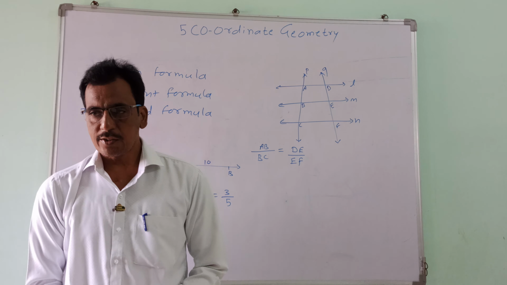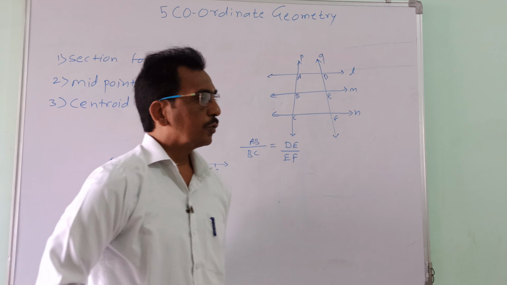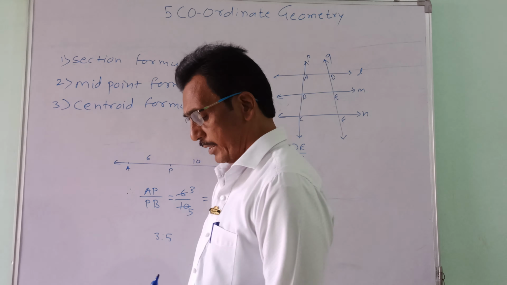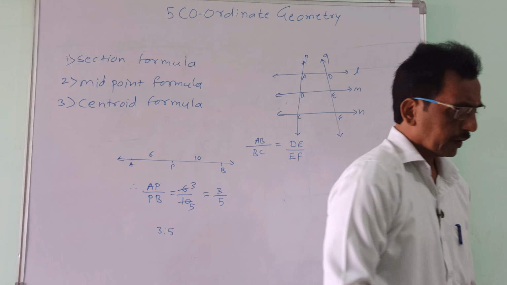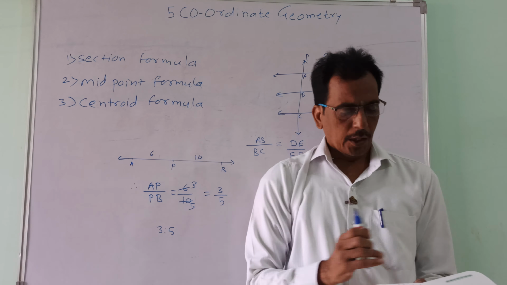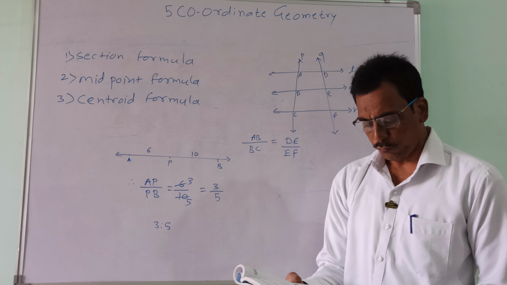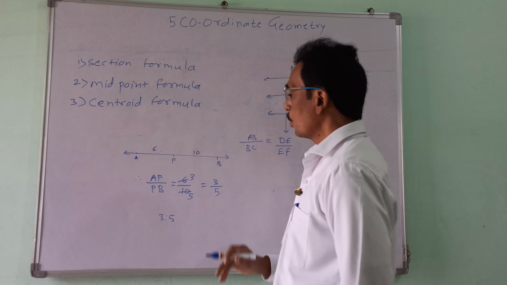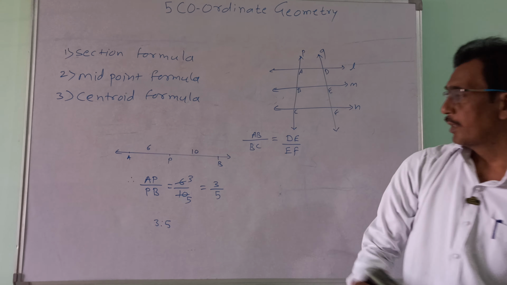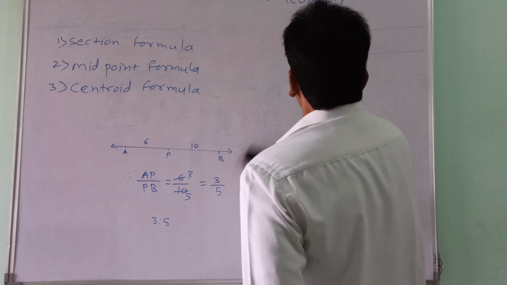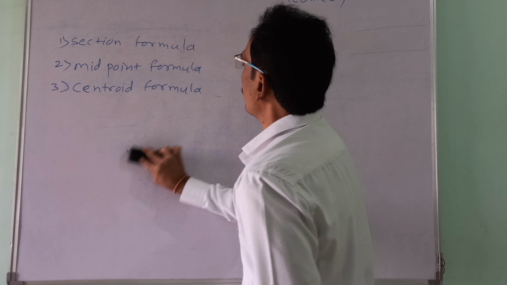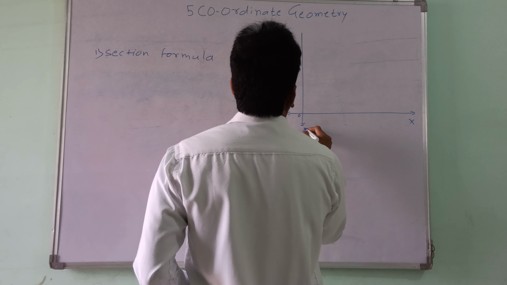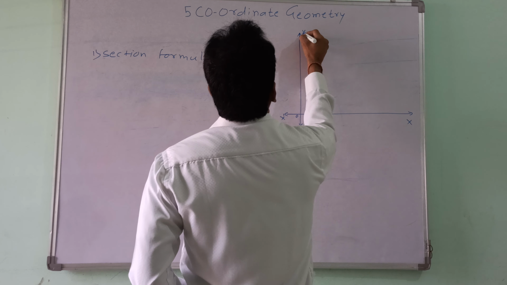To find the coordinates between any two points on the axis. Now, to find the coordinates of a point on a segment which divides the line segment into two given points. This is y dash y.